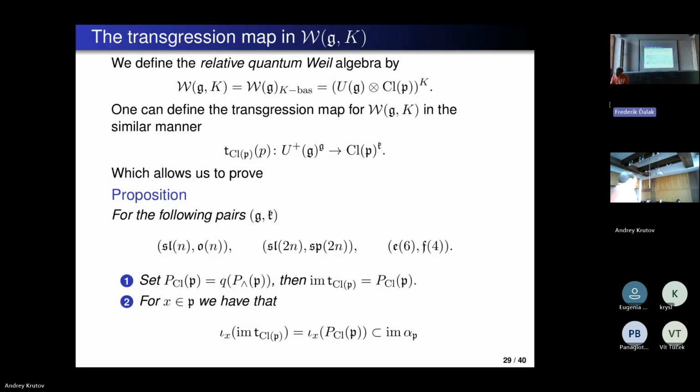So it is some quantization of a relative transgression map. And remember, I was telling you that it was an important result by Cartan that he was able to prove using that big diagram that I showed you. And this is another conceptual proof, even an abstract one.